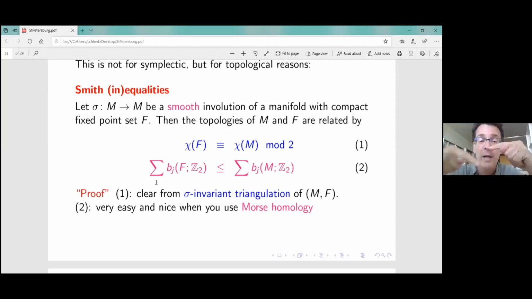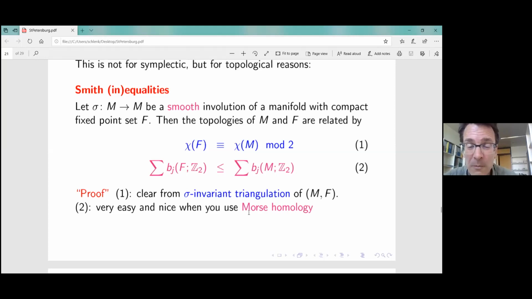You triangulate the fixed point set and extend that triangulation invariantly, and then those not in L are matched by sigma, so mod 2 it cancels. So this proves 1. But I think the topological proof of 2 is not so easy. Well, it's something like 2 pages in Prud'homme's book, but not so easy.